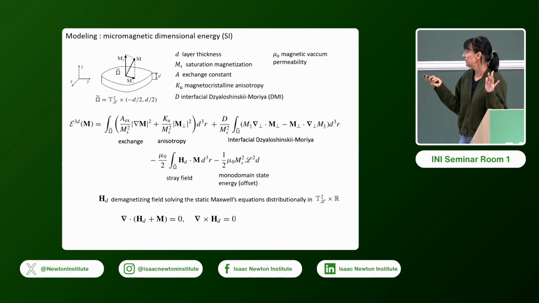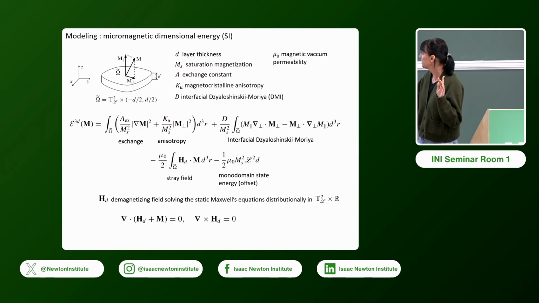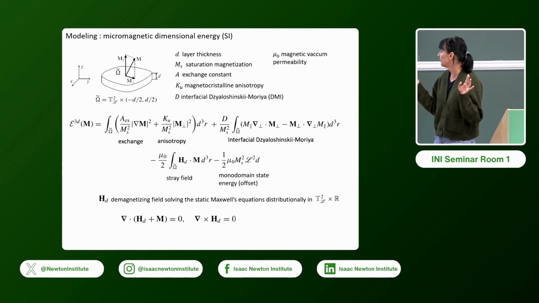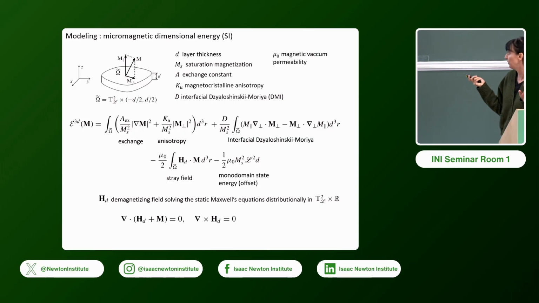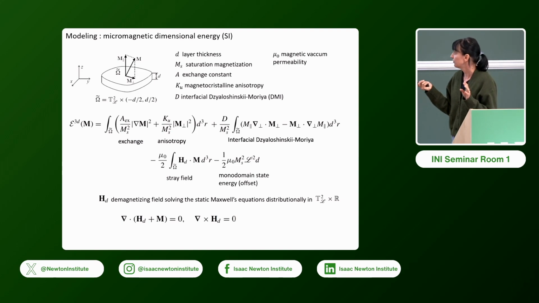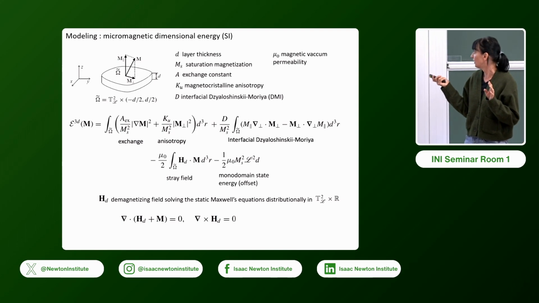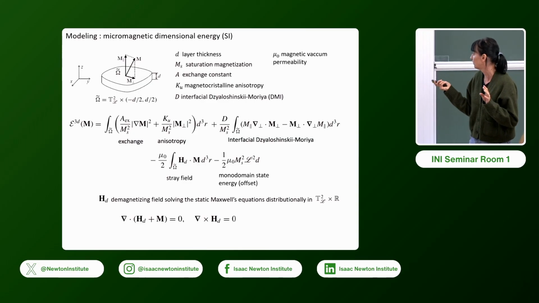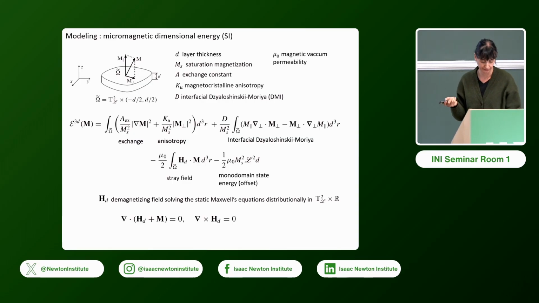And this is my dimensional energy, where I also subtract the monodomain state to renormalize it. Here I do not specify the stray field, but this stray field is solving the static Maxwell equation.